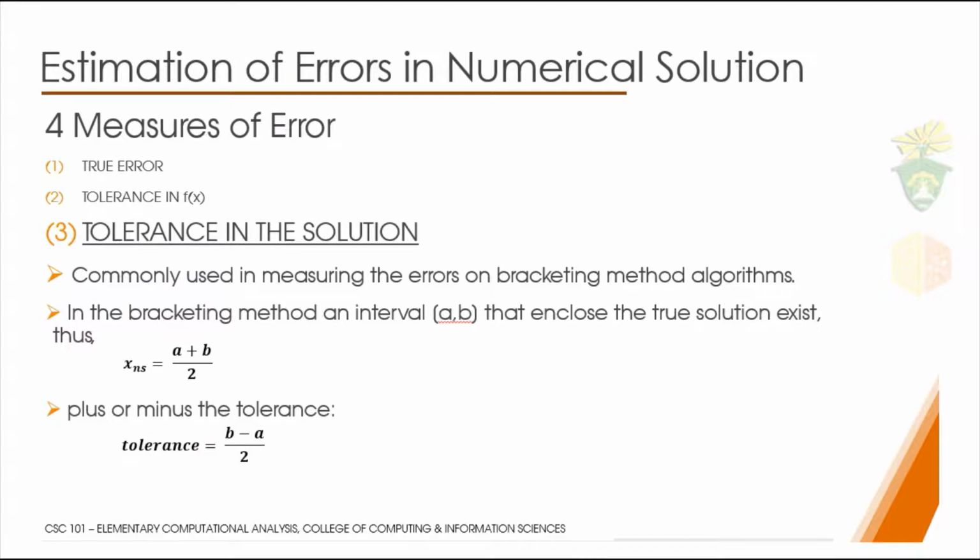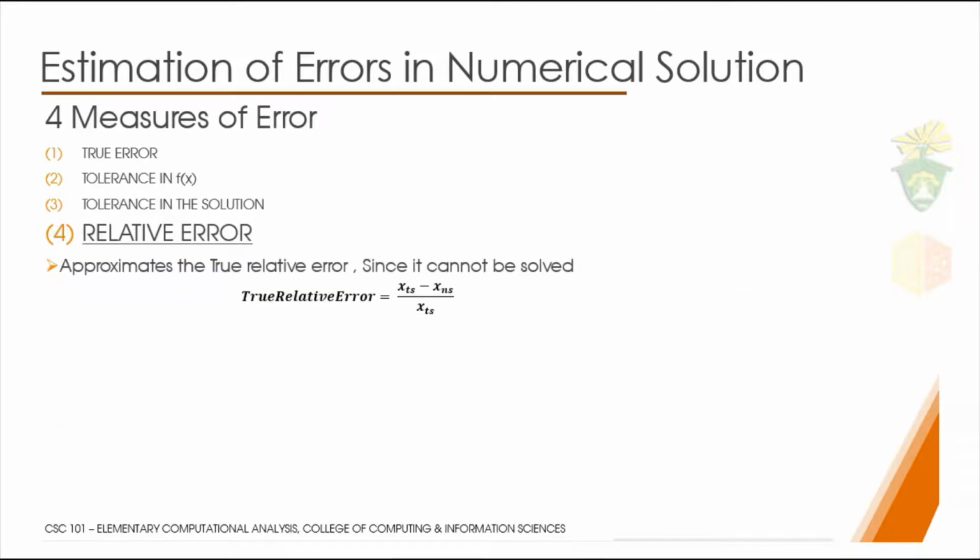Okay, the fourth and last measure is the relative error. This measure basically approximates the true relative error. Similar to the true error, true relative error can't be solved since the value of x sub ts is unknown. Thus, as mentioned, this measure uses estimated relative error as an approximation.